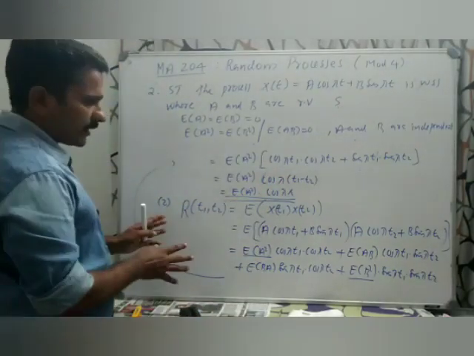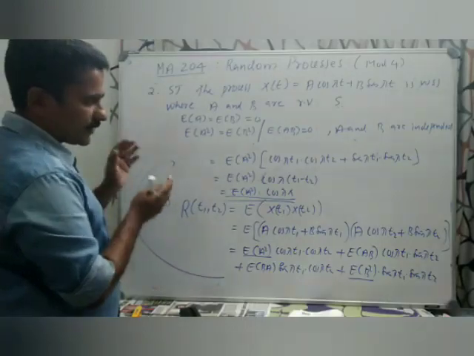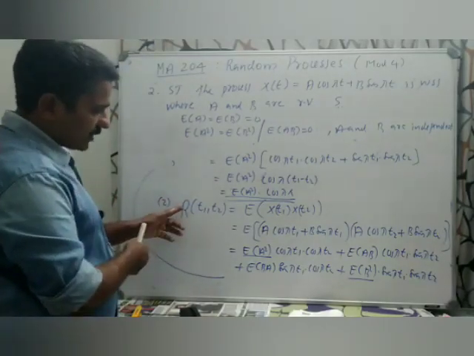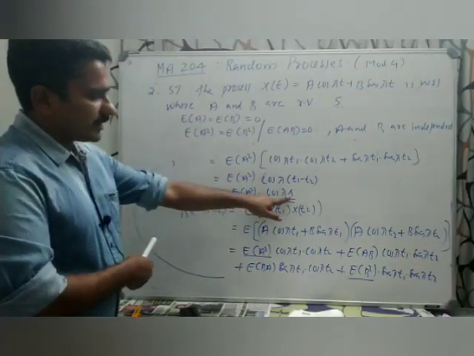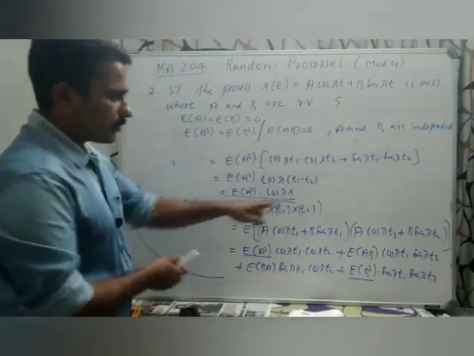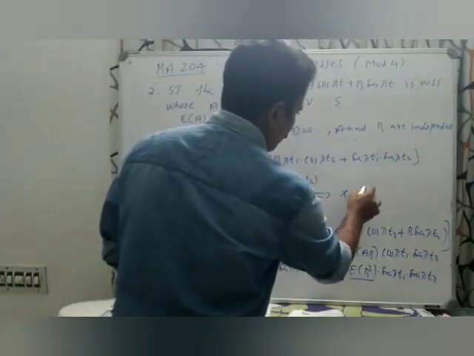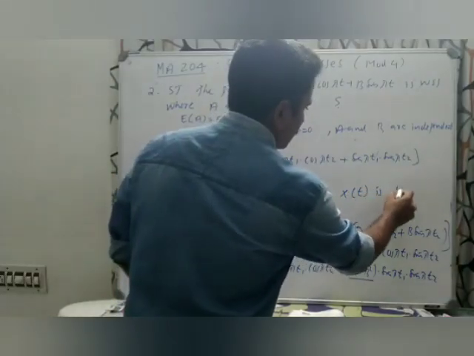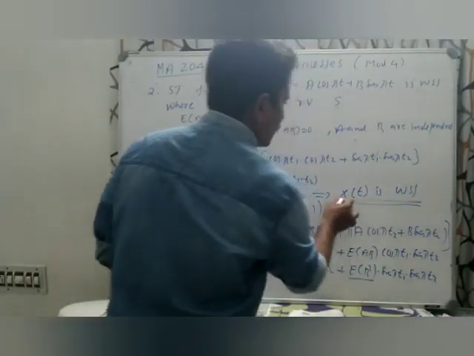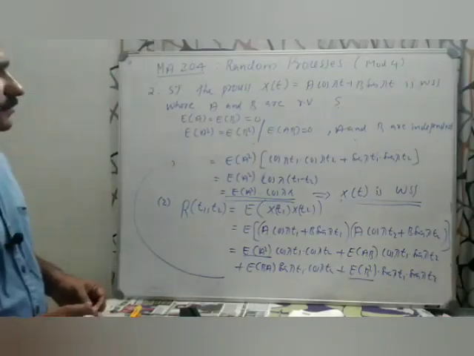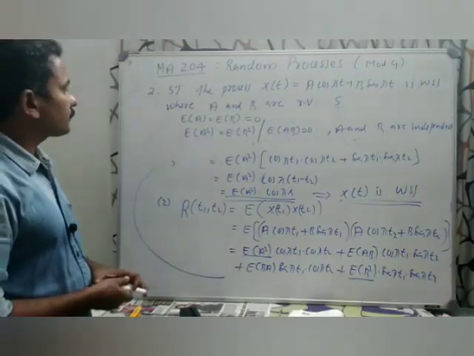Okay, so here again two conditions are satisfied. Expectation of x of t is 0 and the autocorrelation function is a function of t2 minus t1. That means x of t is wide sense stationary.